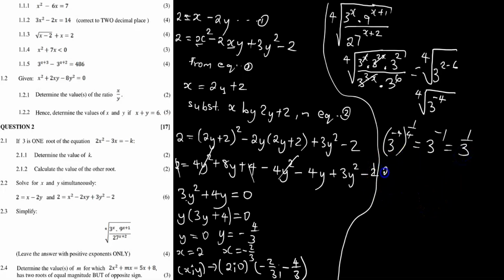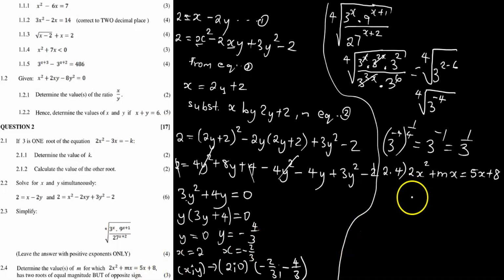And then we go to 2.4. Now 2.4 says to us, determine the values of m for which 2x squared plus mx equals 5x plus 8 has two roots of equal magnitude but of opposite signs.